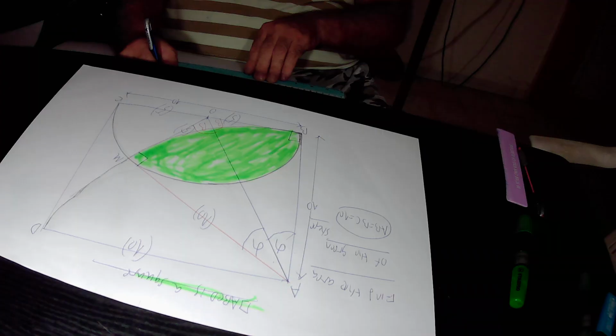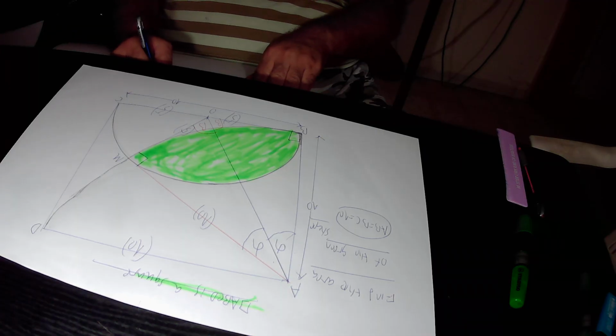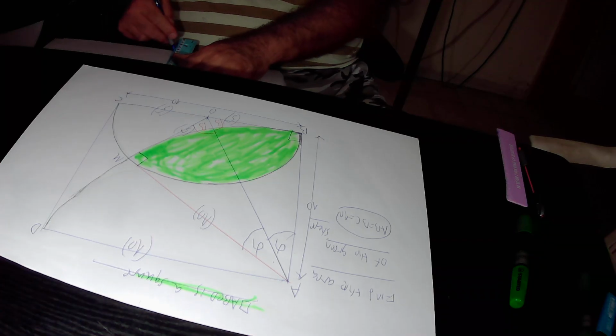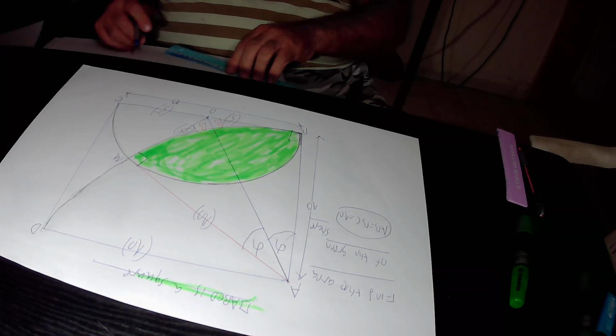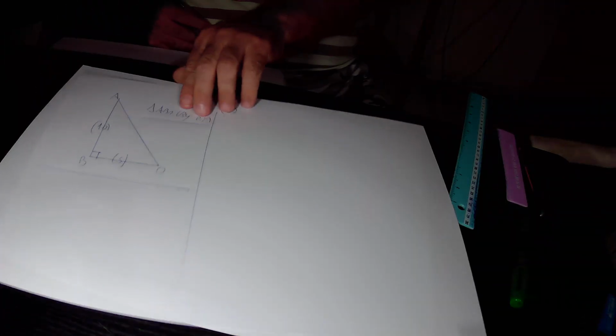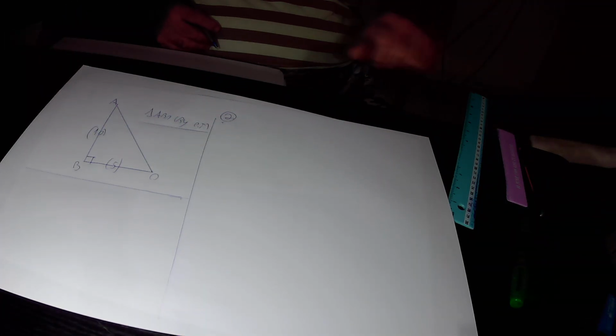Here, PT is the information for the Pythagoras theorem. So actually, this is the right triangle ABO that I copied from the original drawing.